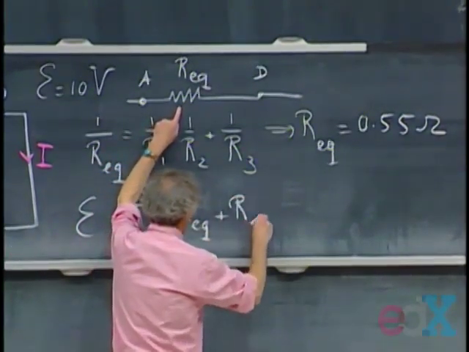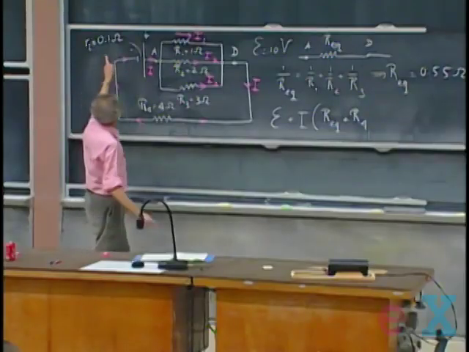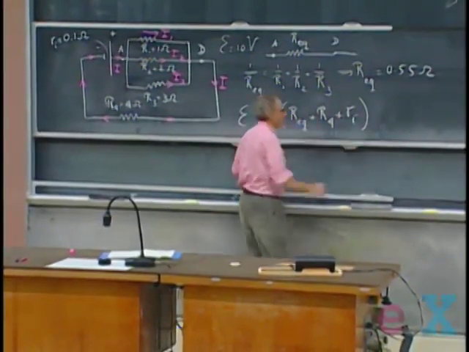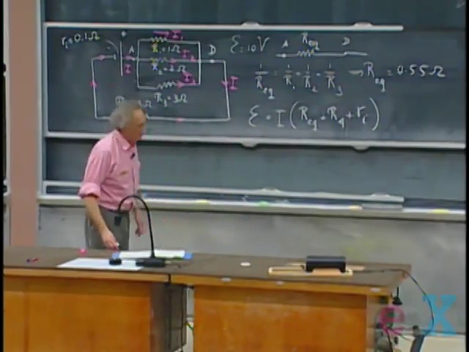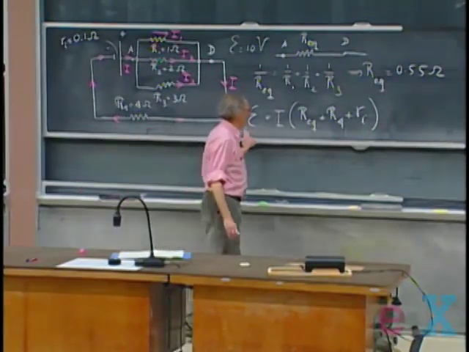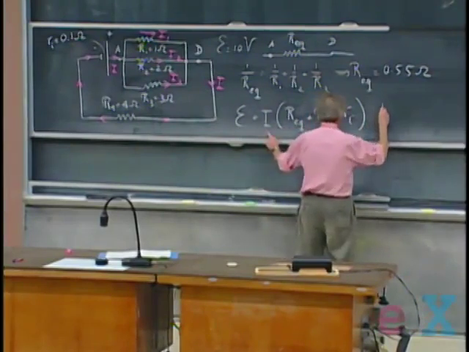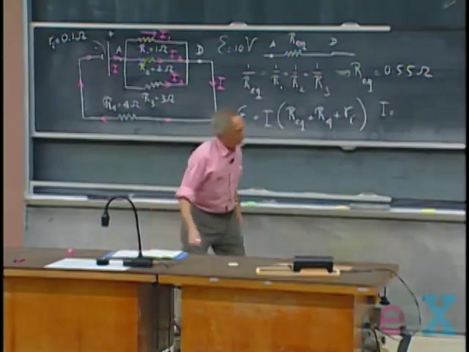Then I have R4, because the full current goes through R4. And then I have this little R internal. It's not going to make much difference, but it's there. And so you can find now what I is, because you know all other numbers. And that is my goal. And I think I found 2.15 amperes. That is right.